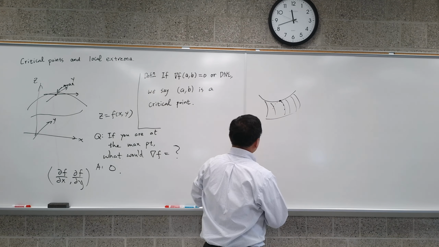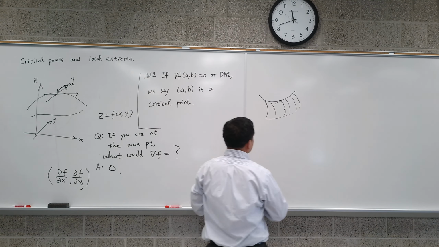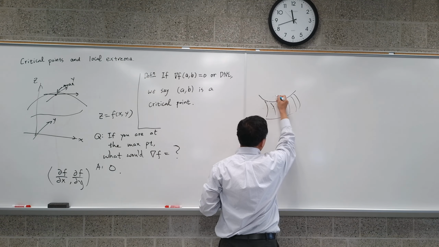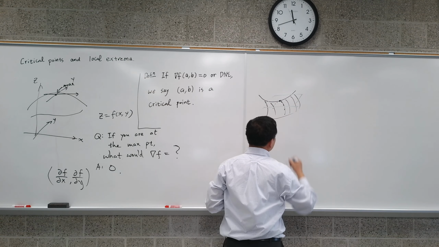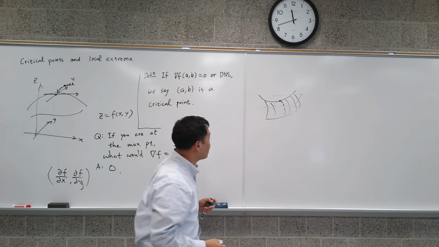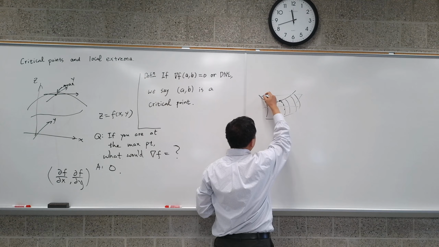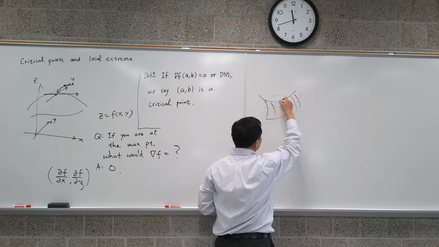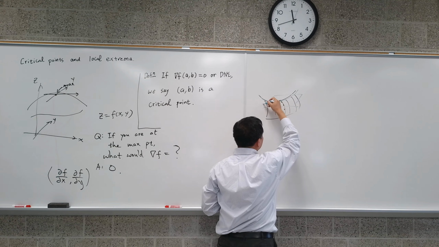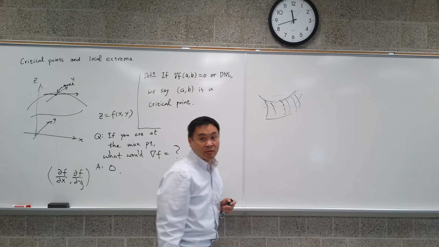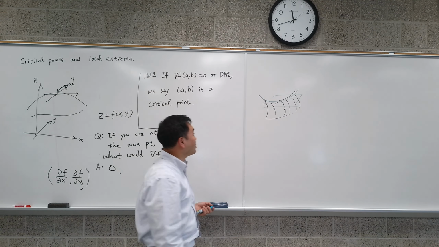But here you do have a point where, if you think about the tangent plane, it is the horizontal one. If you only think about this cross section, definitely you have a straight line giving you a tangent line, right?